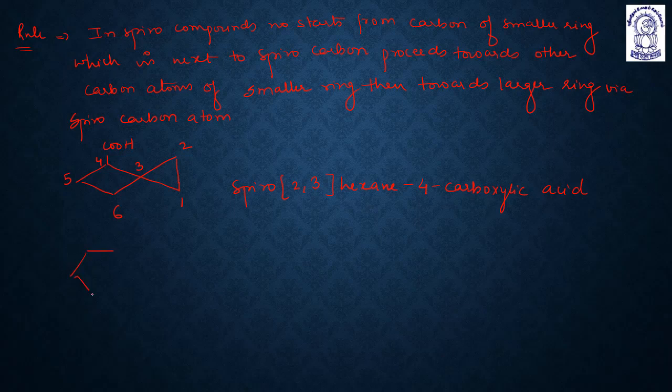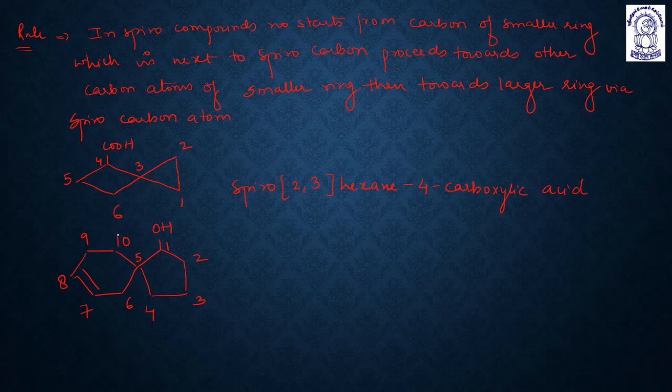If the carbon chain is having both a functional group and the double bond, then the functional group will be favored. So you will write 1, 2, 3, 4, 5, 6, 7, 8, 9, and 10.